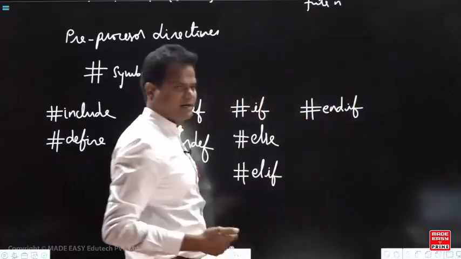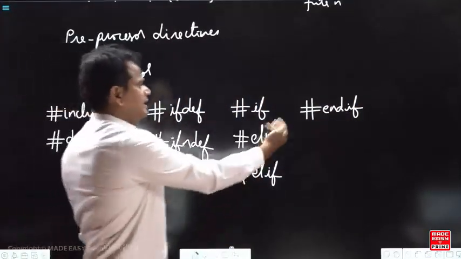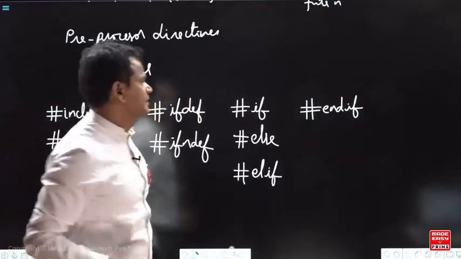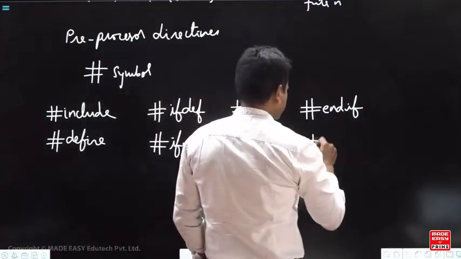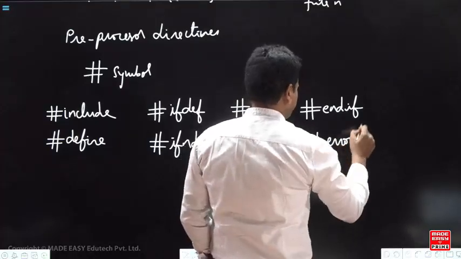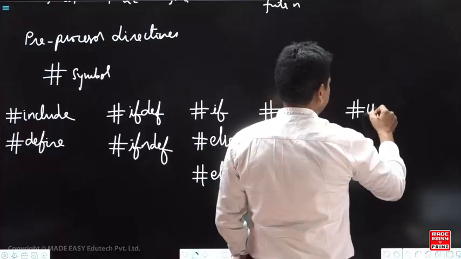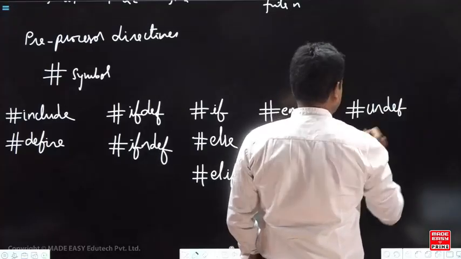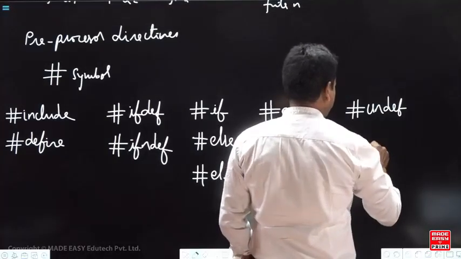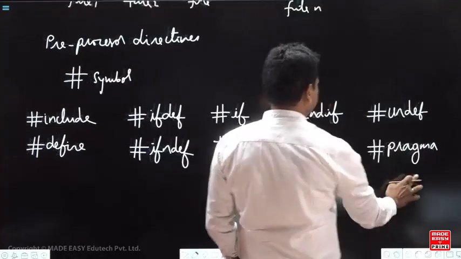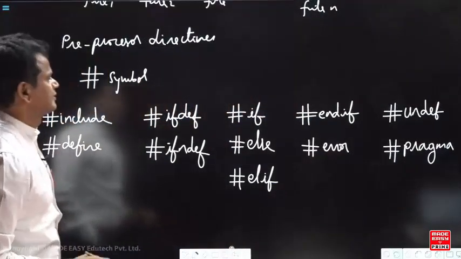This is for if and end of if condition. Okay. Then hash error, hash undef. I'll tell you what are all these. Hash pragma. These are some list of preprocessor directives.